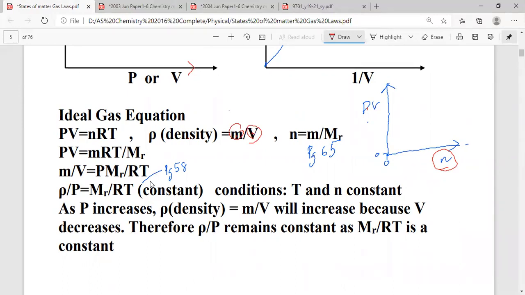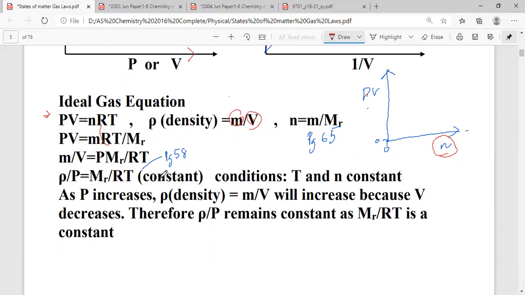Remember, this is the ideal gas law: PV equals nRT, and n, the number of moles, is mass over mR. I want to get density, so let me show you here.